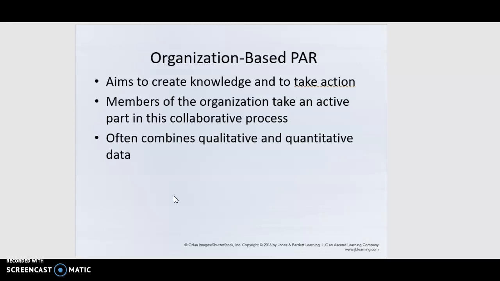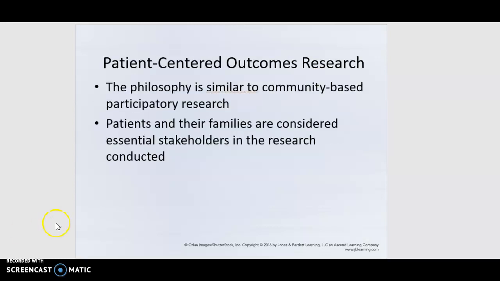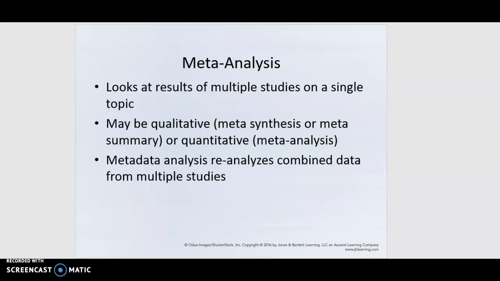Very often that community-based or organization-based research is both qualitative and quantitative, again, to build that insight and to grow as we progress. So when we're looking at patient-centered outcomes research, the philosophy is similar to community-based participatory research. Patients and their families are considered stakeholders in the research that is conducted.